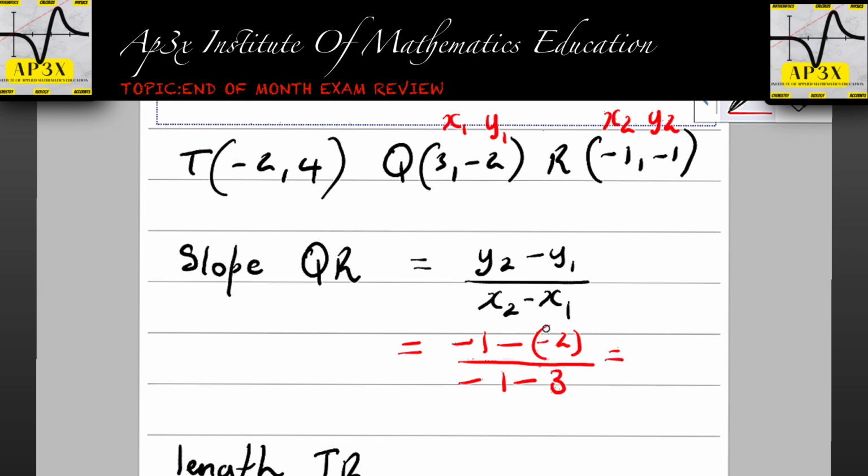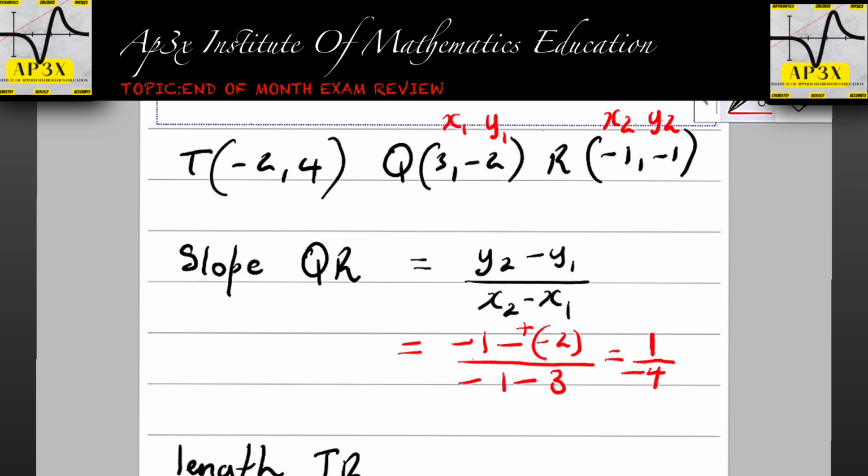So now our integers come into play here. These two negatives give a positive, so that's -1 plus 2, which is in fact 1. And that would be divided by -1 take away 3, which is -4.